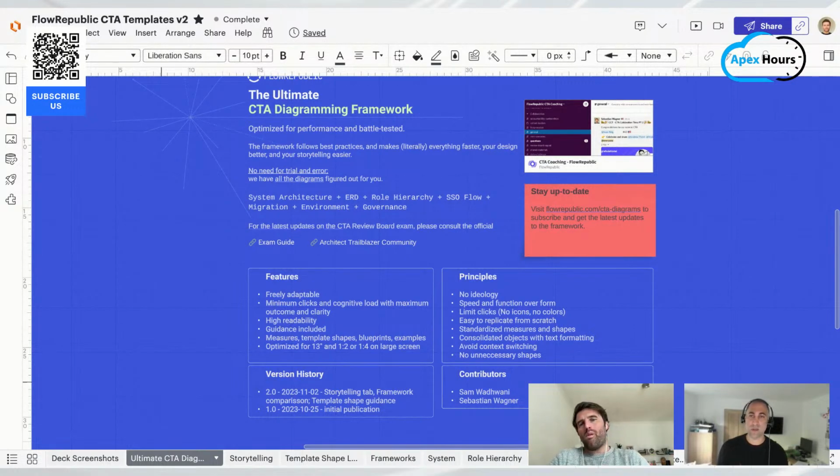We also communicate in very different ways, and what we're talking about here in CTA diagramming is a way of helping you communicate what are otherwise complex solutions in a simple and concise way, but that doesn't take away that individuality, and so you still need to look at what is your communication style, what's your comfort level, and how are you going to use this framework to form your own style.